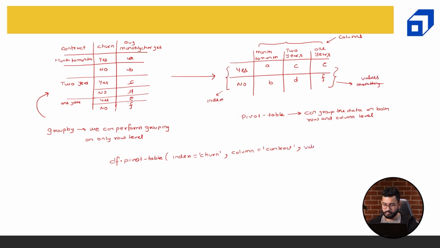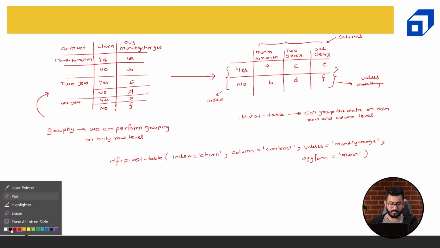So values, the values are monthly charges. And finally we have the attribute, which is aggregation function. So aggfunc, which is nothing but my mean, and we close the bracket.